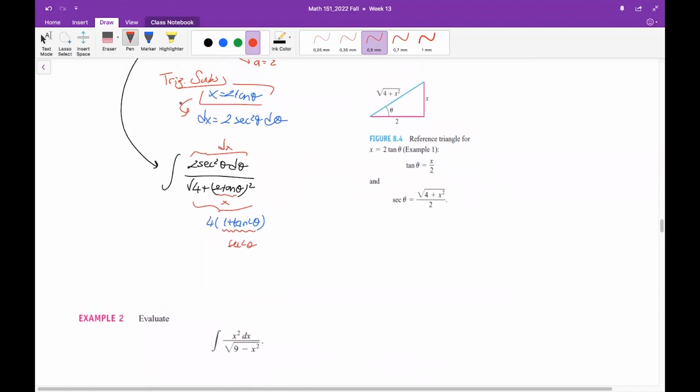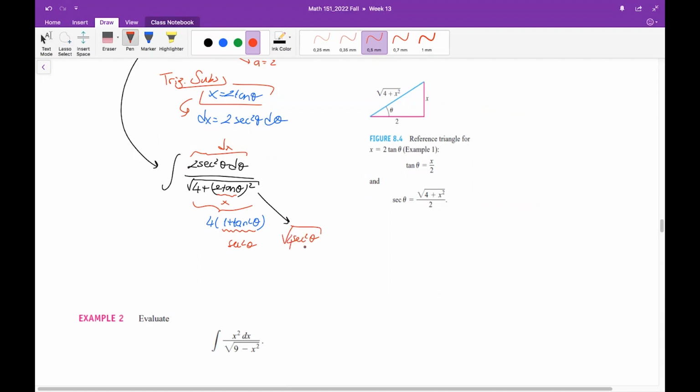That's why the denominator, which is the square root of this expression, is in fact the square root of secant squared theta, with the 4 in front.